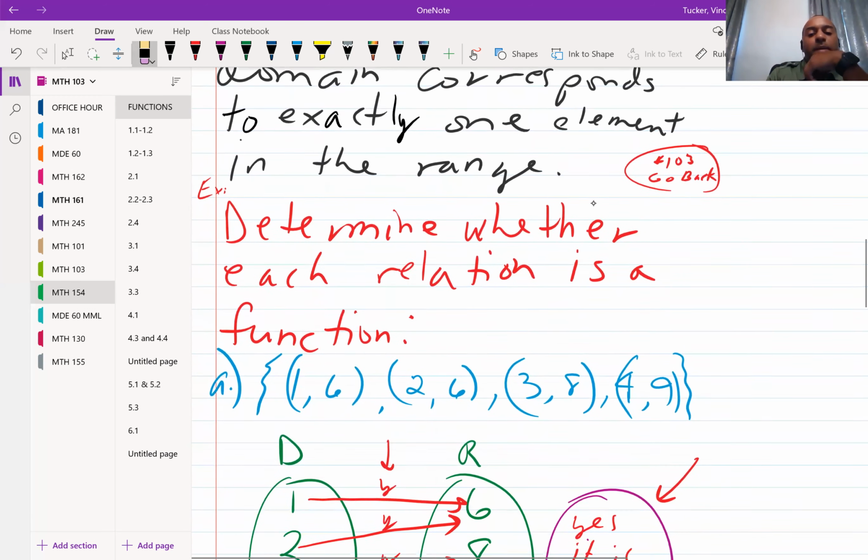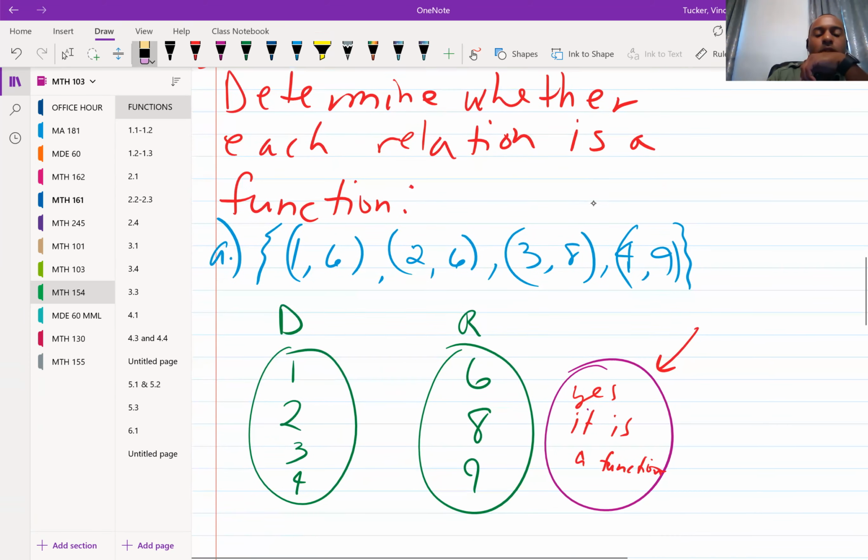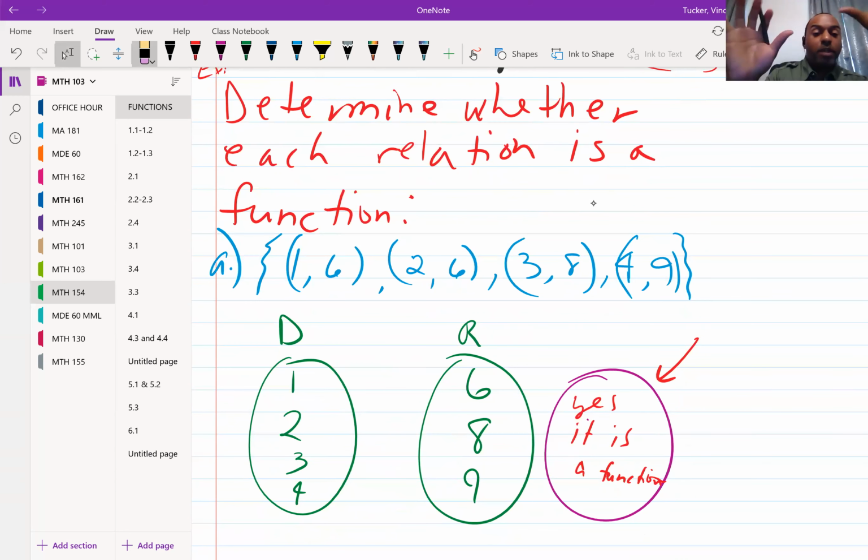So we're going to create a mapping. Notice in the first circle, the domain, I have 1, 2, 3, 4, which came from our ordered pairs. And then in the range, we have 6, 8, and 9. Those are the only values in our range.